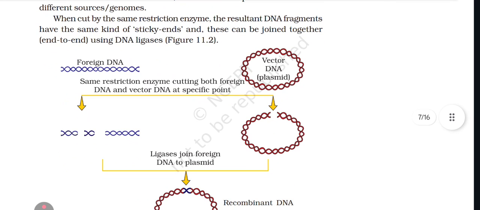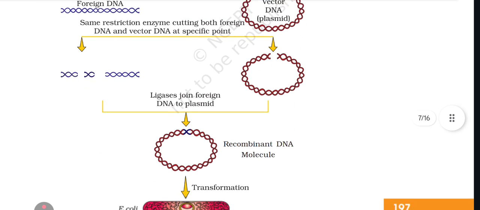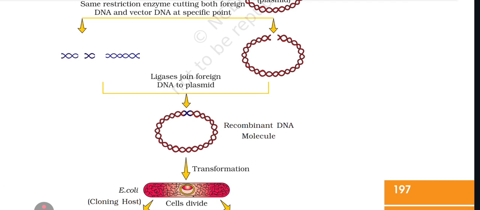So here is a diagram. This is a foreign DNA and we have taken vector DNA, a plasmid. The same restriction enzyme cuts both foreign DNA and vector DNA at specific sites, and now ligase joins the foreign DNA to the plasmid, and then we get our recombinant DNA molecule.